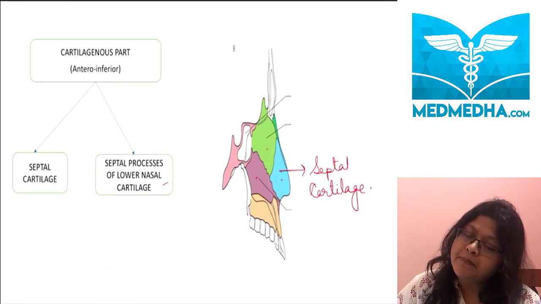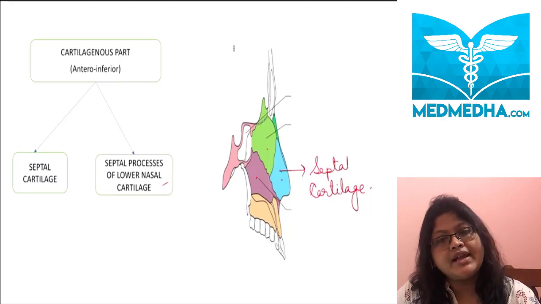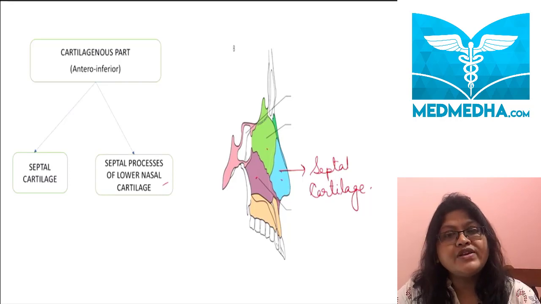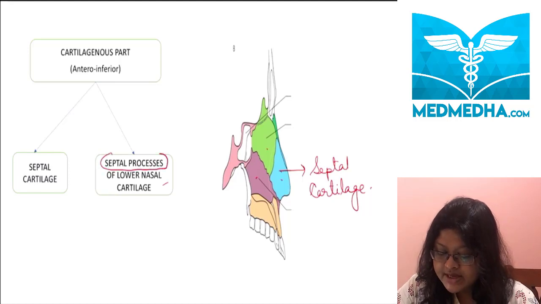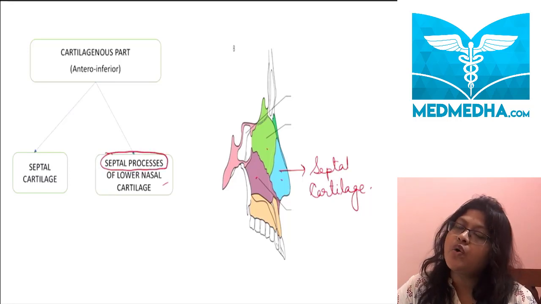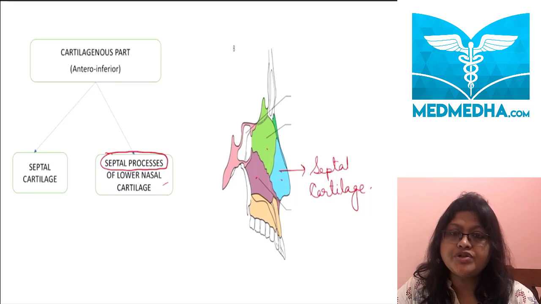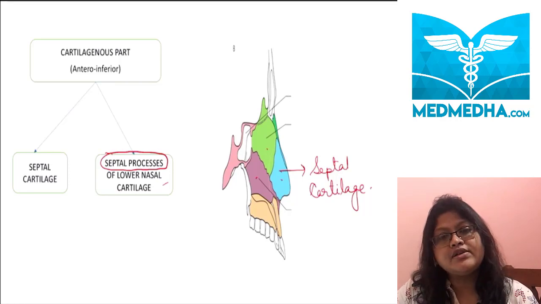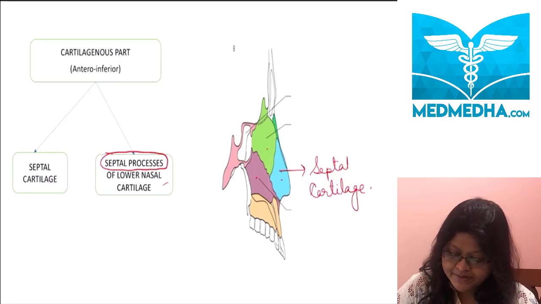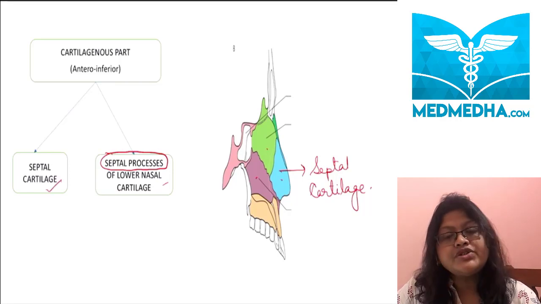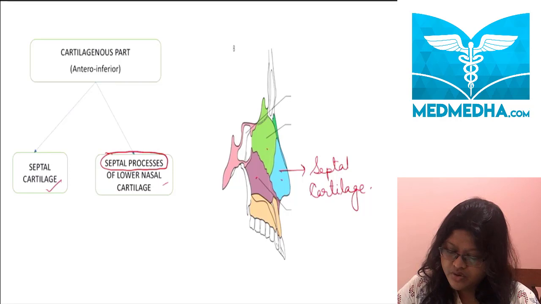There are the upper lateral nasal cartilage and lower lateral nasal cartilage, of which the lower lateral nasal cartilage has septal processes. These septal processes also take part in the formation of the medial wall of the nasal cavity, otherwise known as the nasal septum.